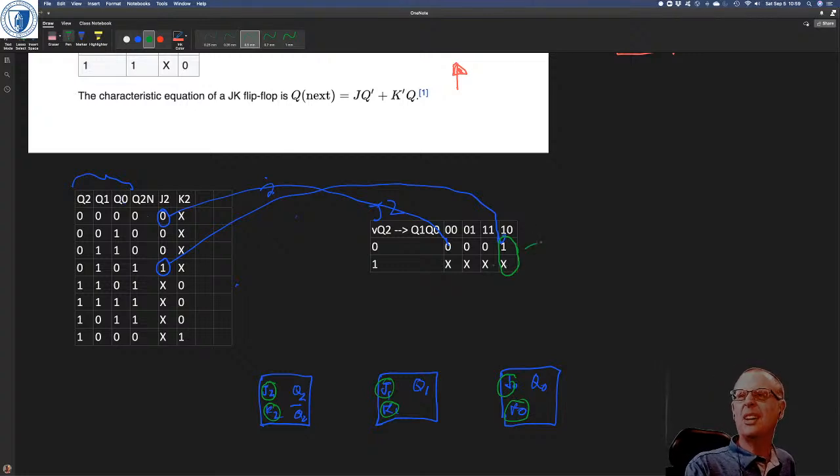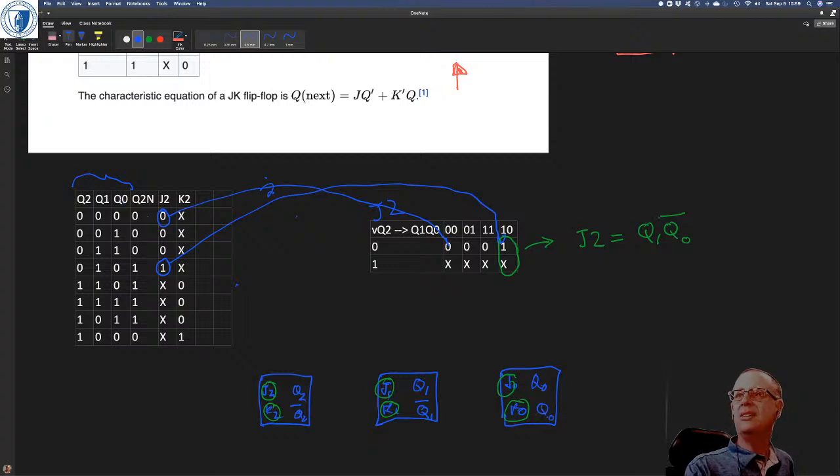So what this is saying to me is that the input to J2 has to be Q1, Q0 bar. Right? And the nice thing about flip-flops is that you get the bar version for free, right?